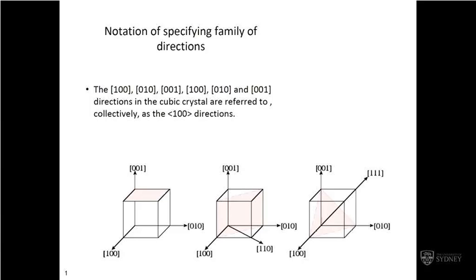So that points to a point in the real space lattice. For the simple cubic, we just have the vectors a1, a2 in the y direction, and a3 in the z direction.